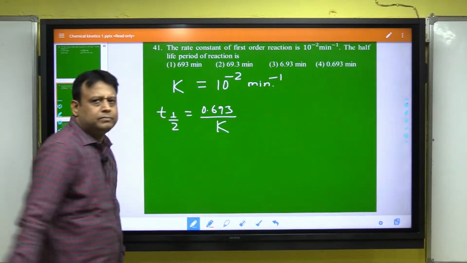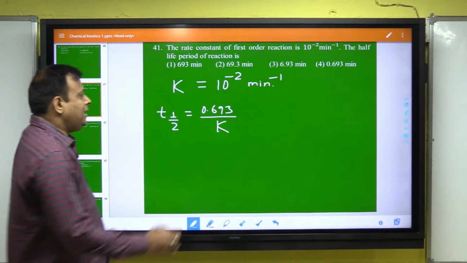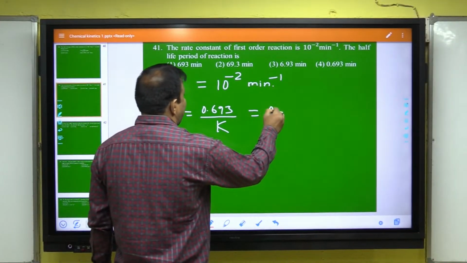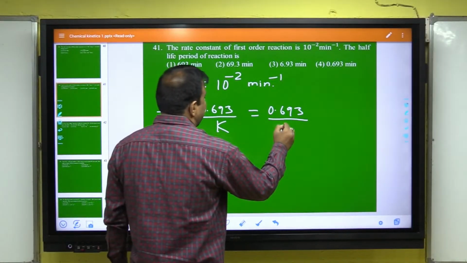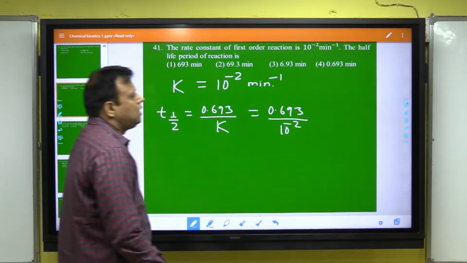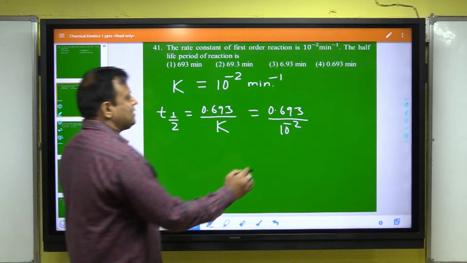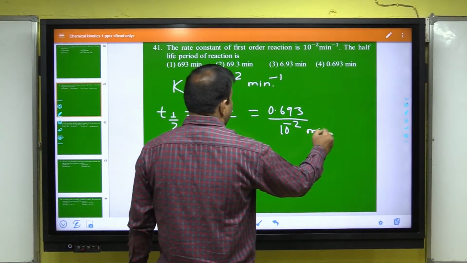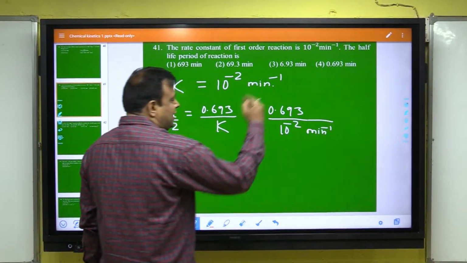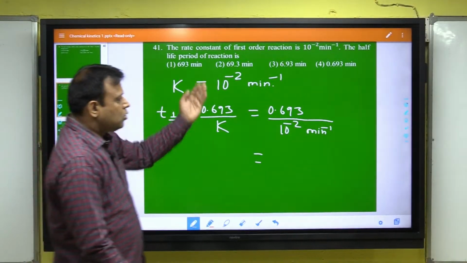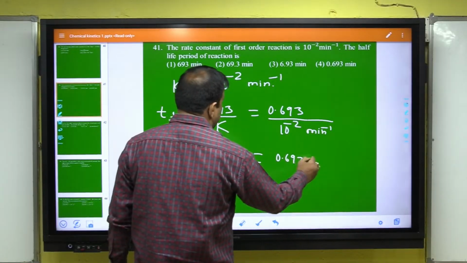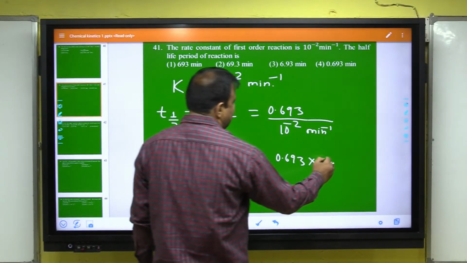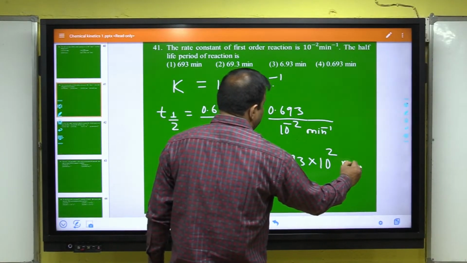and hence half-life formula of first order is equal to 0.693 by K, 0.693 dividing by K, and K is 10 to the power minus 2 minute inverse. Clear? When minute inverse goes to numerator, then it will be minute. 0.693 into 10 to the power minus 2 will be 10 to the power 2 minute.